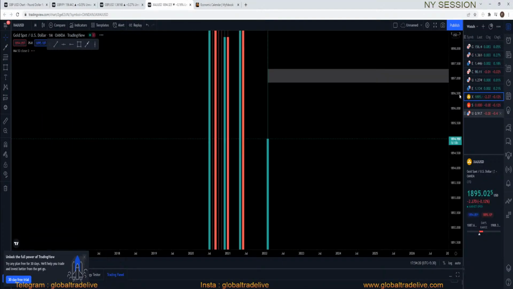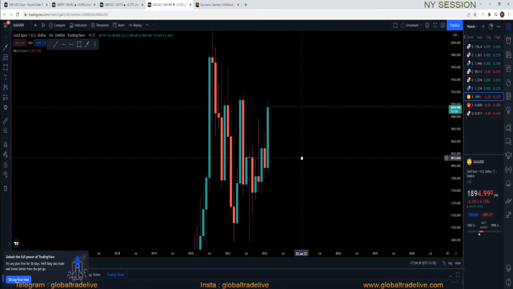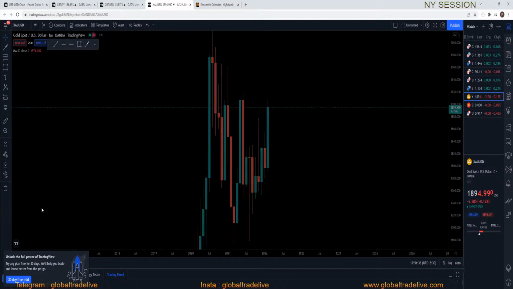So if I look at the gold, then the monthly time frame is rejecting this area over here, so it can move down as well, and the next month candle can fill that rejection.